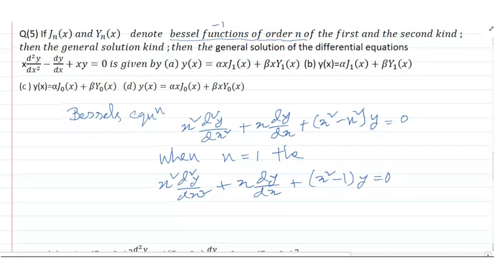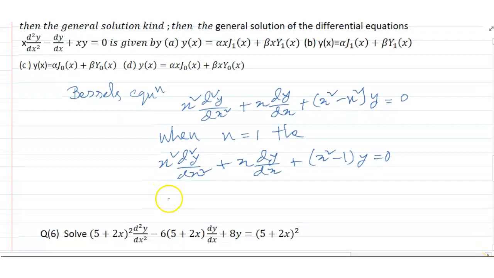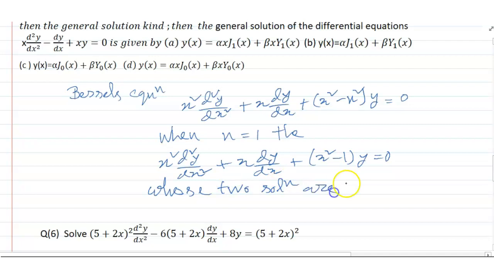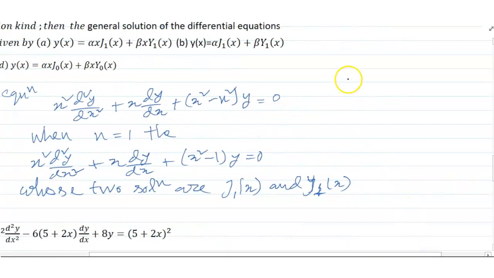So friends, whose two solutions are j1x and y1x, as n equals to 1. So what is my given equation?